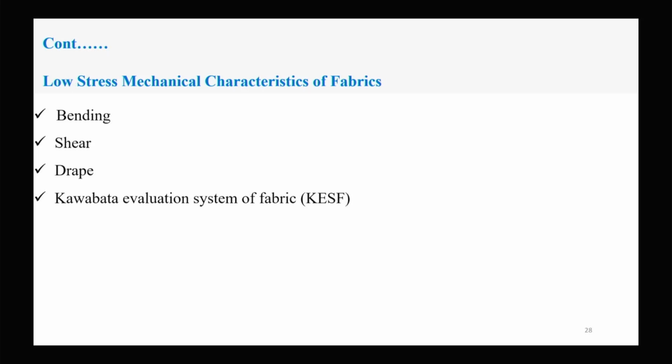There are 4 different modules: KES-F 1, 2, 3 and 4. Similarly, fabric assurance by simple testing, which is called FAST, has 3 modules and 1 test method, like FAST 1, 2, 3 and FAST 4, which is dimensional stability, which is not an instrument, but a test method.